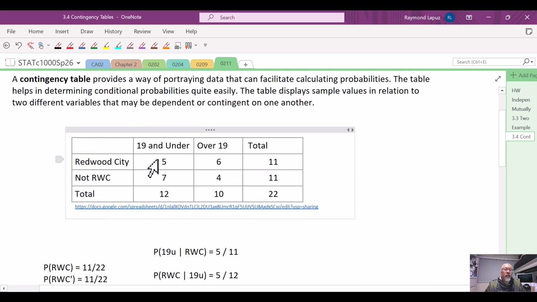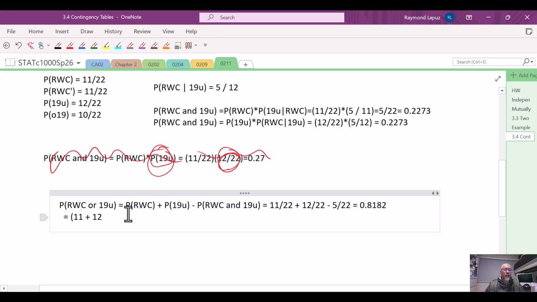But when we're doing this, we're counting 5 plus 6 to get 11, and we're counting 5 plus 7 to get 12. And if you notice, we actually counted this twice, so this is what we want to subtract out. So we're going to subtract out the 5. And then we'll divide the whole thing by 22. So that should give us the same result as we had last time. And here, as a matter of fact, it did. So that's the addition rule. That's the OR part of this.